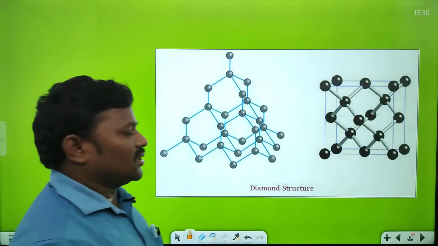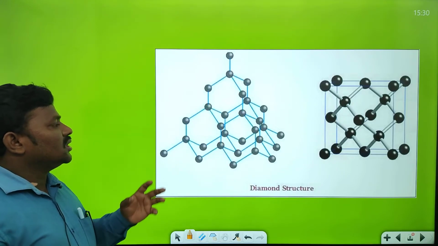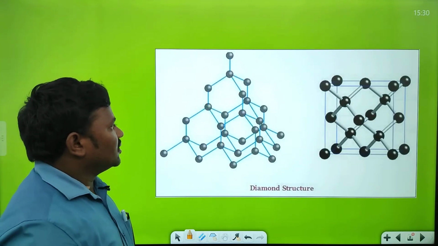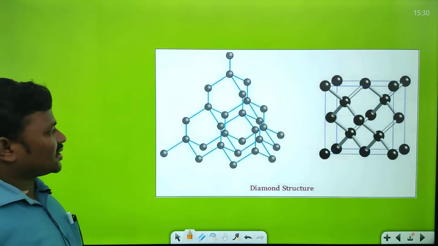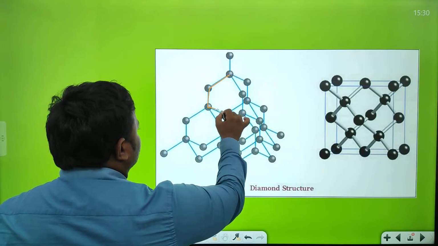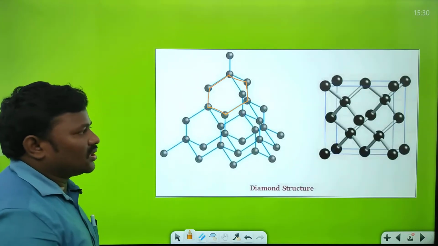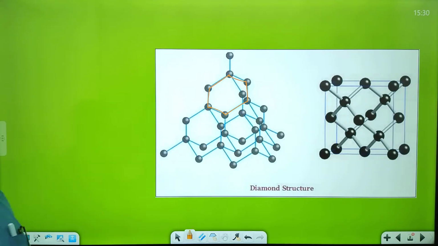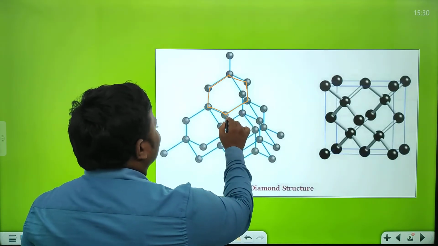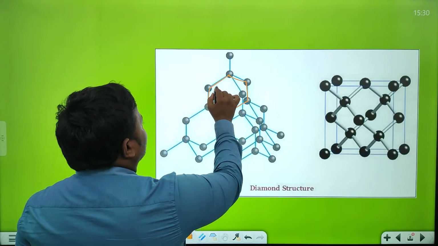See that diamond. The structure of the diamond, we see, is the hexagonal structure. How do you say, sir, hexagonal structure? See that, this is the hexagonal structure. That means everywhere 6 carbons are attached around, it's a closed structure.